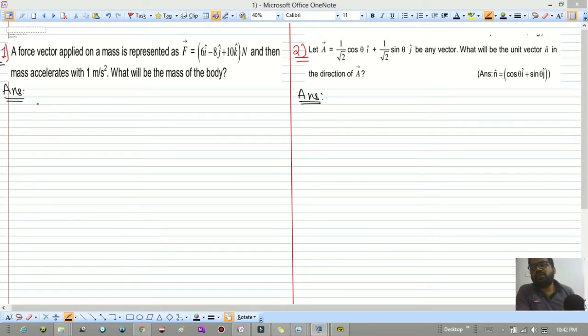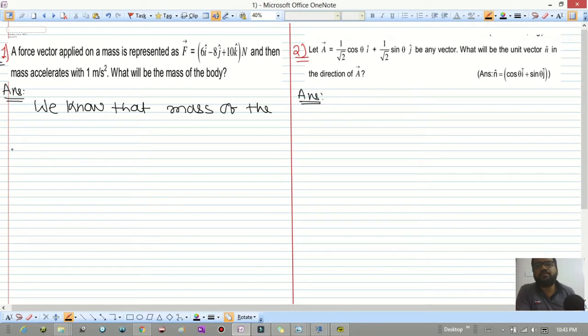Okay, so we know that the mass of the body is a scalar quantity. So what we have to do is, mass is equal to magnitude of the force divided by magnitude of the acceleration. What is the magnitude of the force?